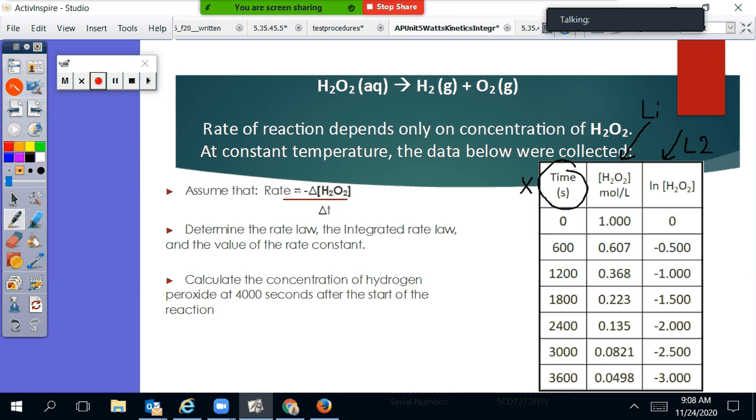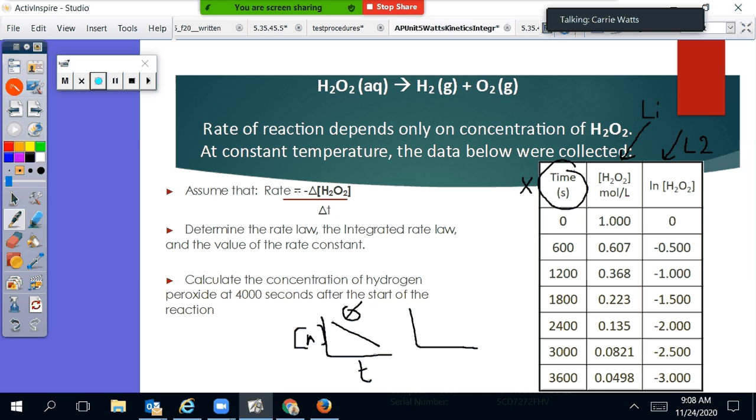So you're going to determine the rate law, the integrated rate law, and the value of the rate constant. First of all, you have to figure out what order the reaction is. The way you do that is by figuring out where your straight line graph is. If the straight line is with the concentration of A over time, then it's zero order.